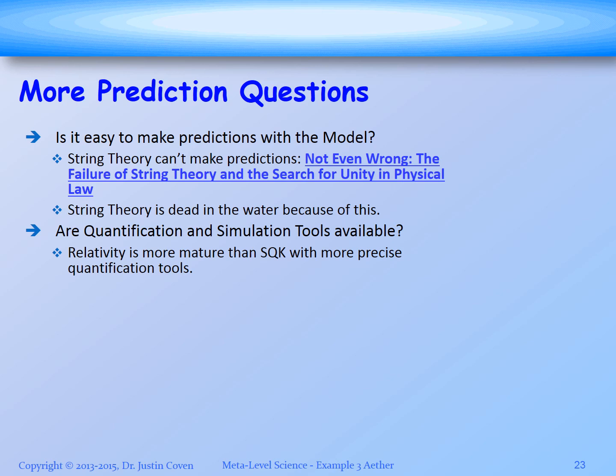Relativity is more mature than subquantum kinetics with more precise quantification tools, and this is unquestionably a benefit for that model. Some might say that the Lorentzian relativity, which is in line with entrained aether, is just as quantification strong.